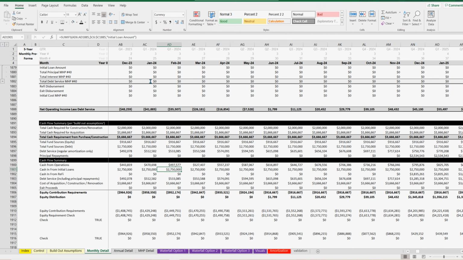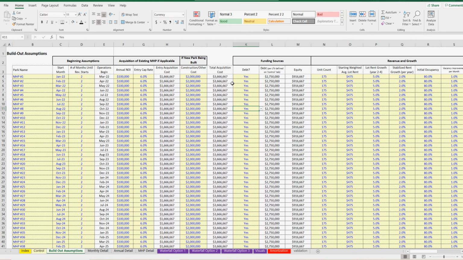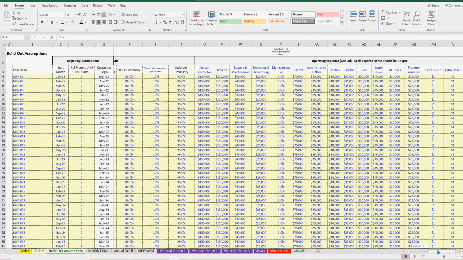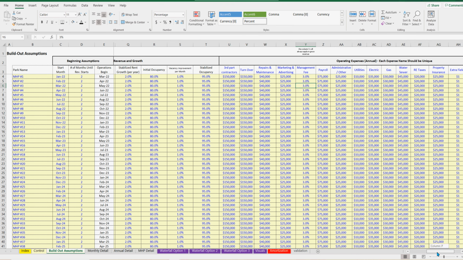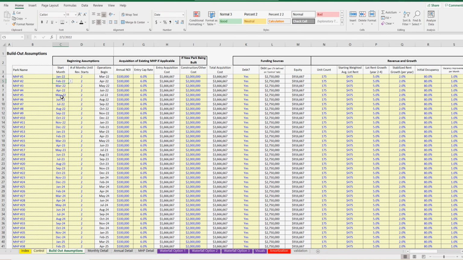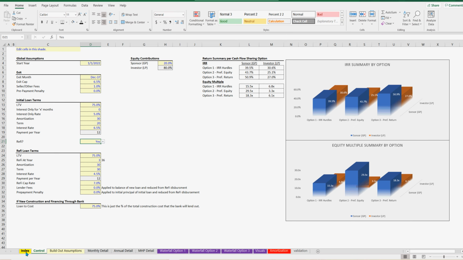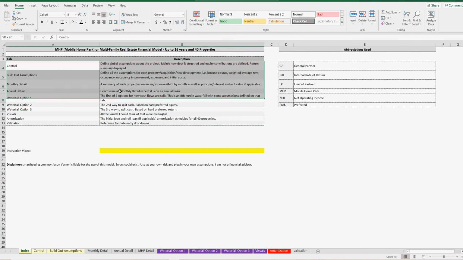You can see CM reference anything that says net operating income, anything that says initial loan amount. So those namings are important, but you can change anything in blue text, which are the expense names, and obviously all these amounts here and the date and everything. The dates you always want to make sure they're doing the first day of whatever month you're doing. That's important.